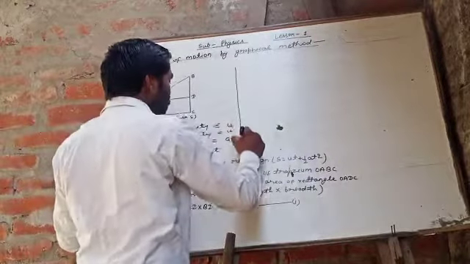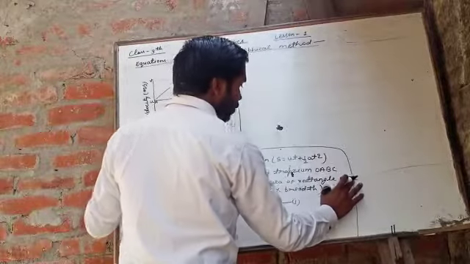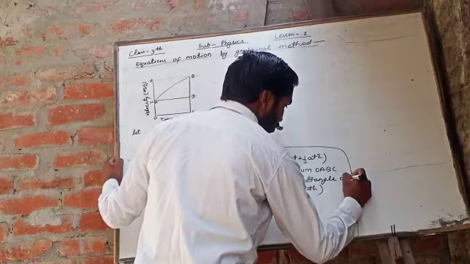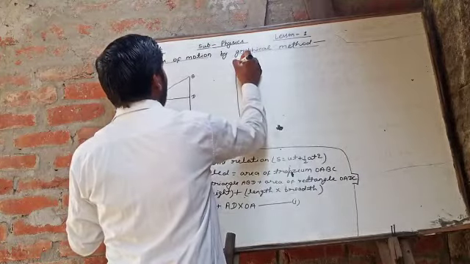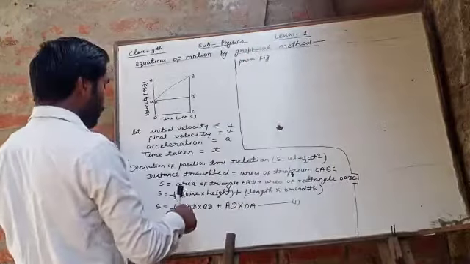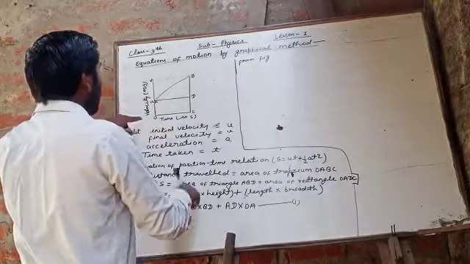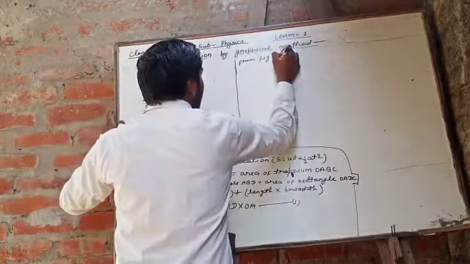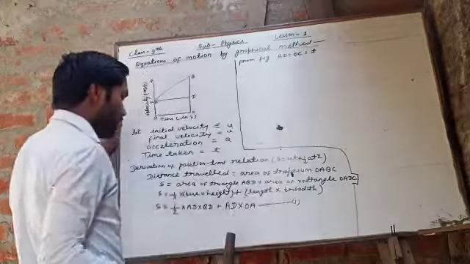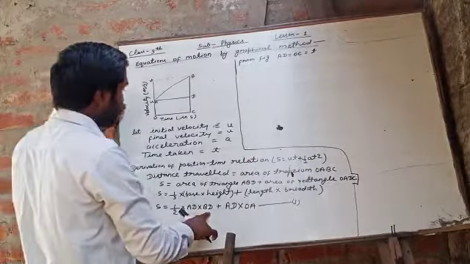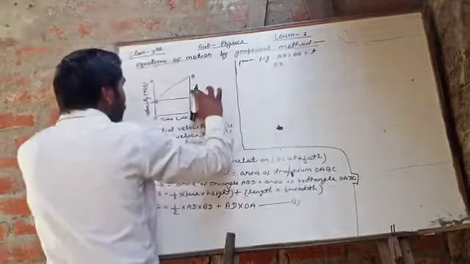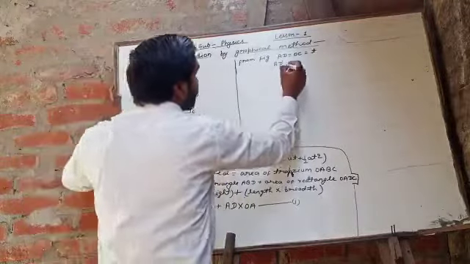Now from the figure, AD is equal to OC and that is time T. BD will be equal to BC minus CD.